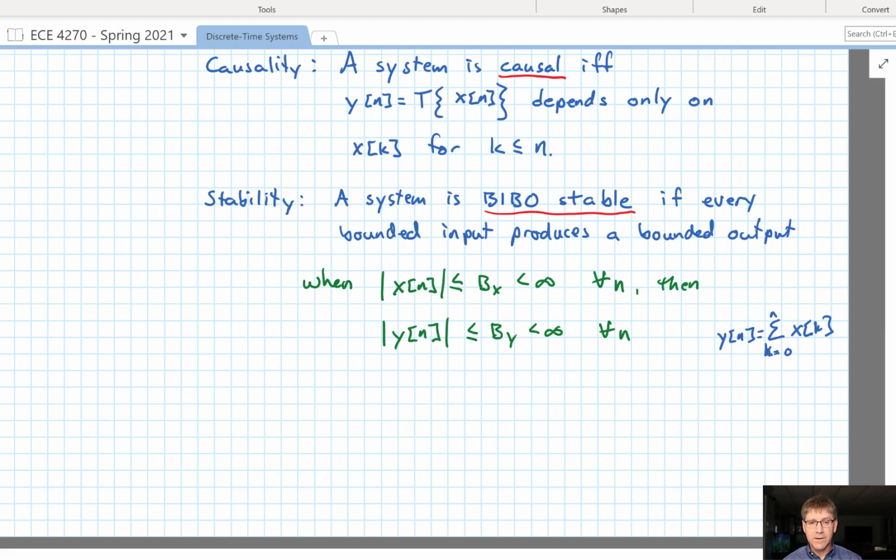That's less than infinity, so the first condition holds. The second one, y[n] is going to be equal to n, or n plus 1, because we start at 0. So as n grows toward infinity, y[n] will grow towards infinity and will not be bounded. So this one is not BIBO stable.